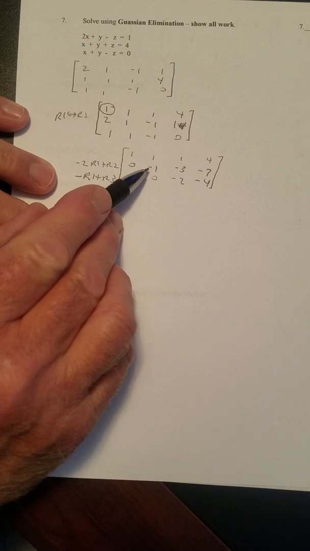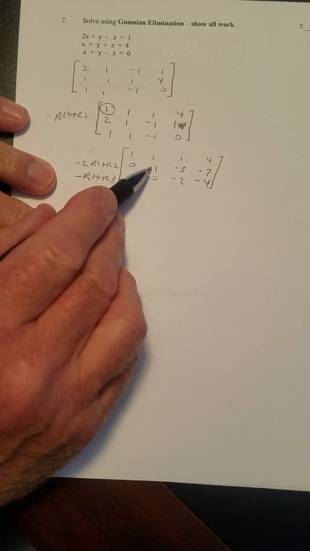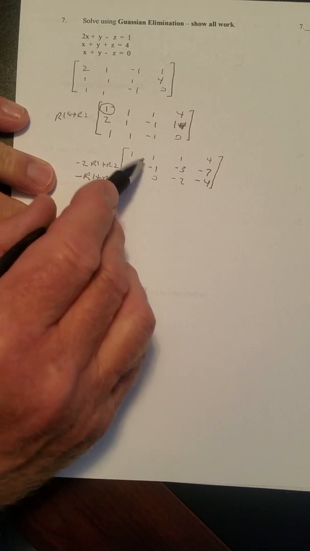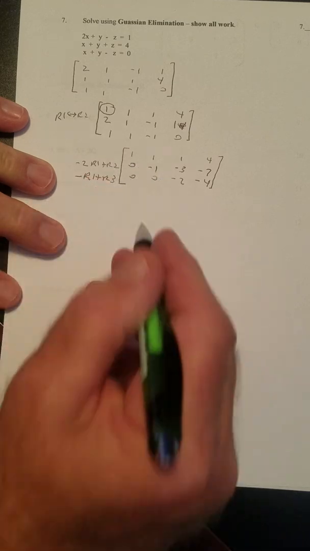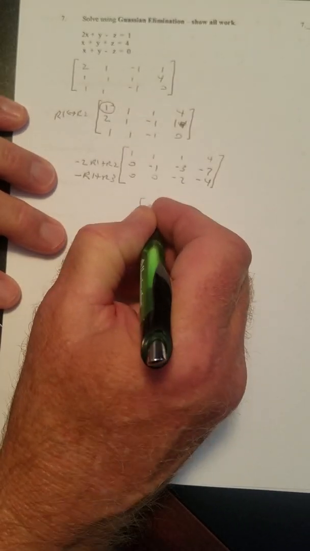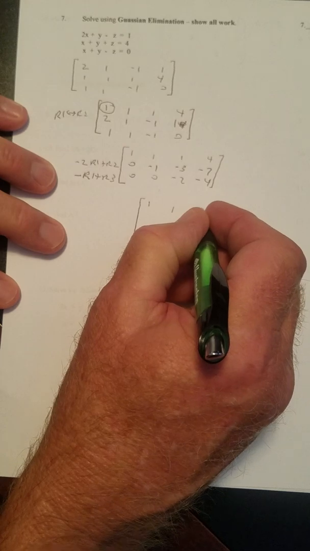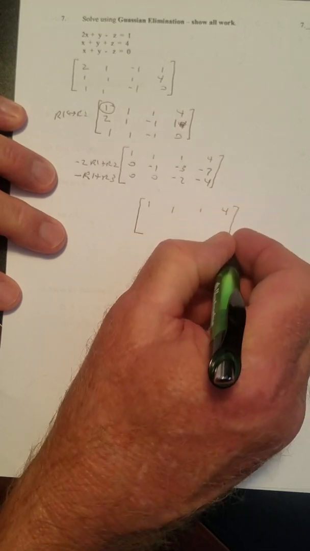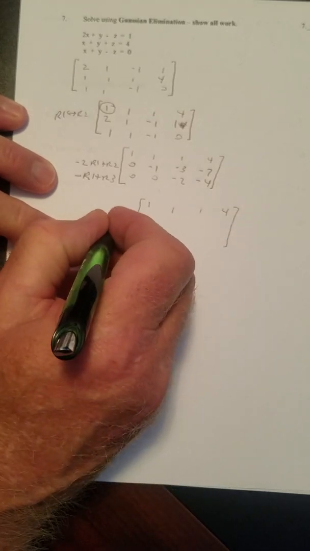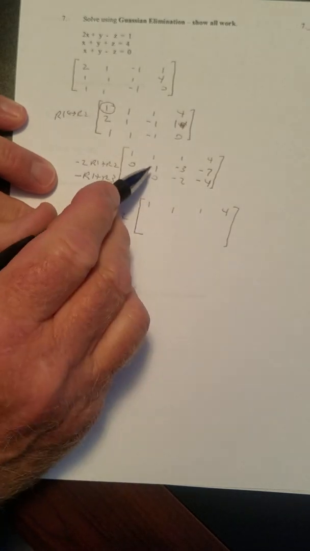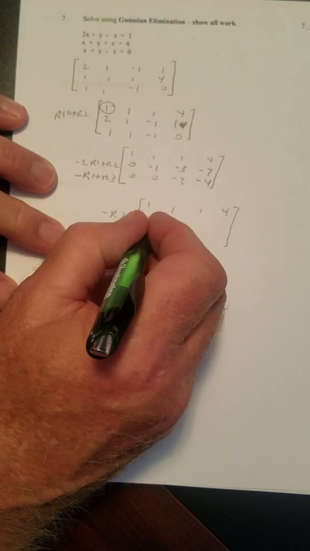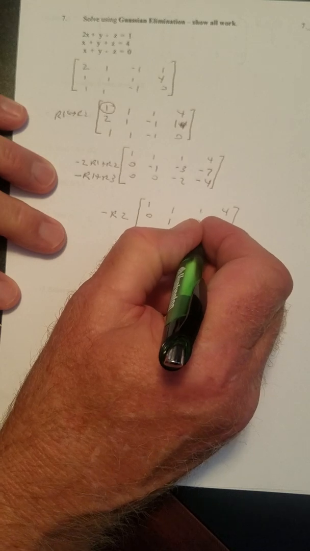Okay, now we've got to get a 1 in this second column. Remember, go on the diagonal, so -1. So, top row stays the same. Second row, I'm simply going to take negative row 2. Just take the opposite of it. So 0, 1, 3, 7.